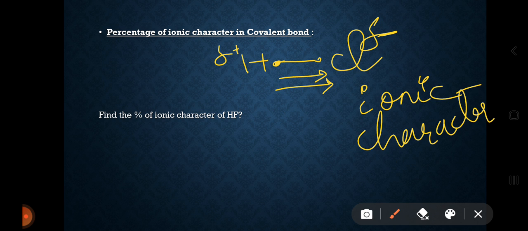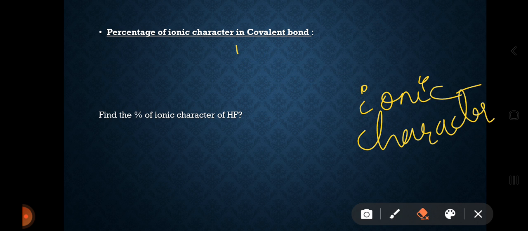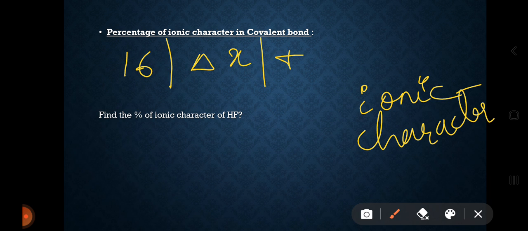Here you can see one question: find the percentage of ionic character of hydrogen fluoride. How can you find the percentage? There is a formula for this. Let me write the formula first. The percentage of ionic character in a covalent bond is equal to 16 into delta X plus 3.5 into delta X square.